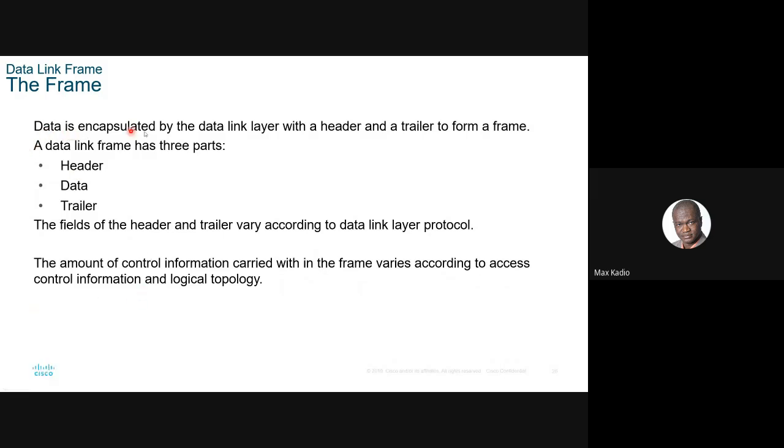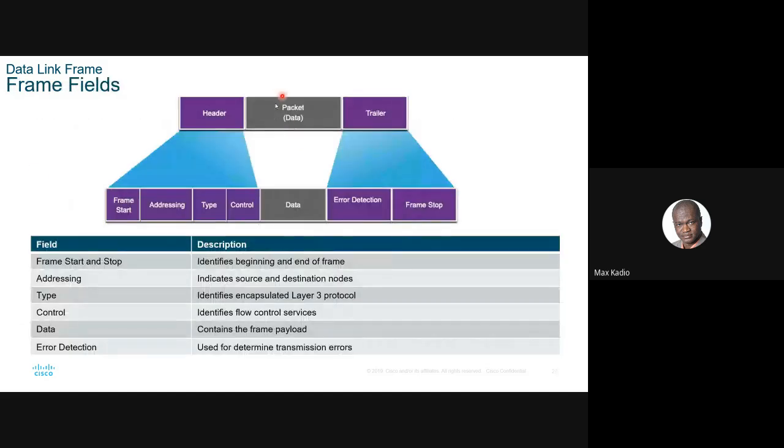Data is encapsulated by the data link layer with a header and a trailer to form a frame. So I have my normal data coming from the top, and when it reaches layer 2, I add extra info, the header and the trailer.